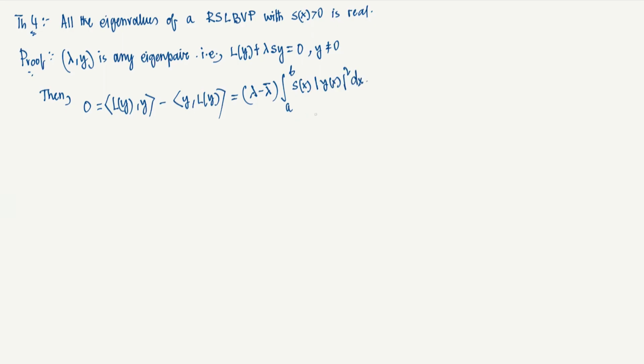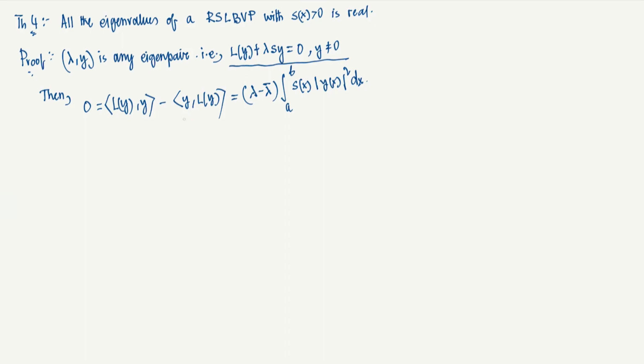gives me this particular property, right? Let's say that lambda, y is an eigenpair. If lambda is a complex eigenvalue, then lambda bar is also going to be there, right? So if that is the case, this thing is true even if you replace lambda with lambda bar. Okay, so we will replace that and put it together.